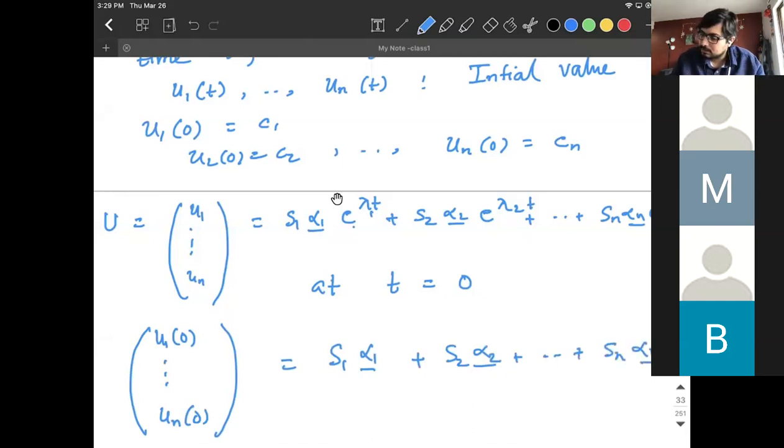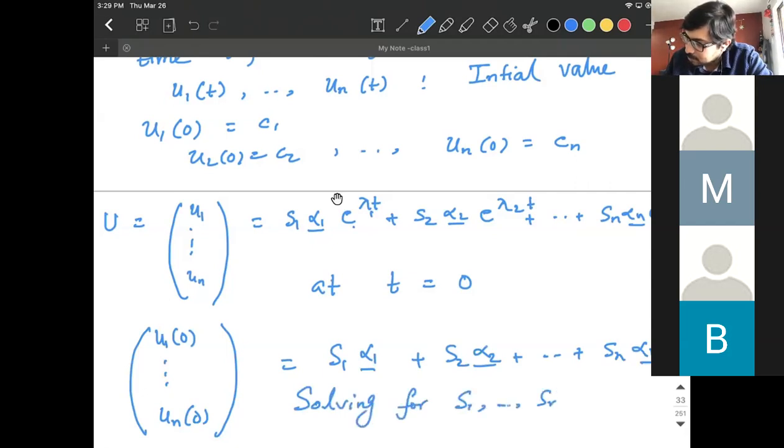If you recognize, this is nothing but a linear system of equations. So given an initial value, you have this linear system and you can solve it for s1, s2 up to sn. Solving for s1 up to sn gives a particular solution.